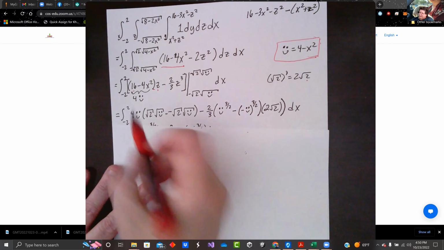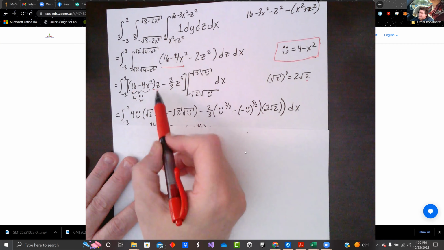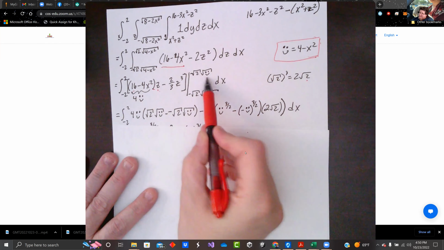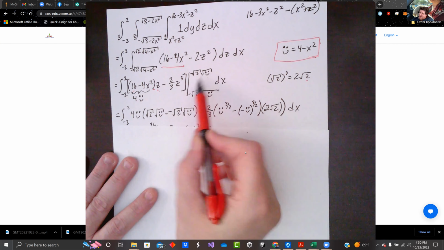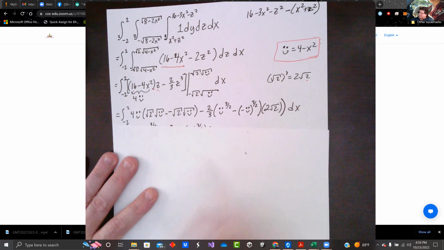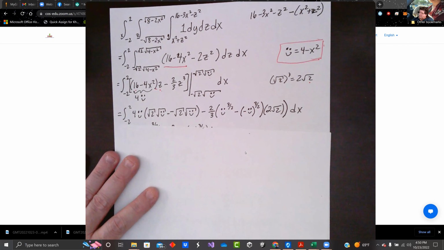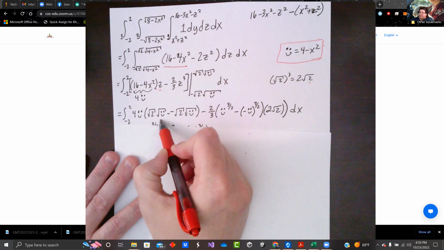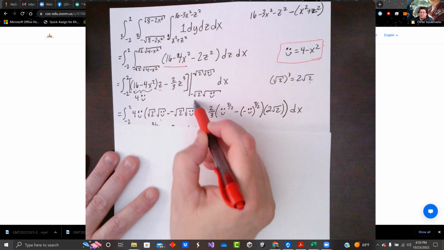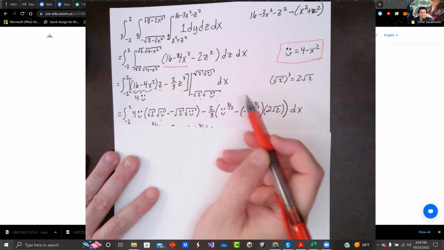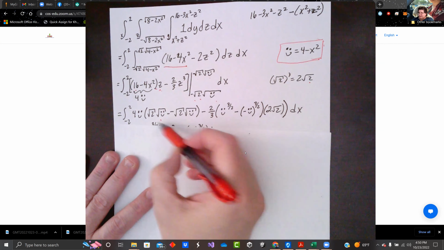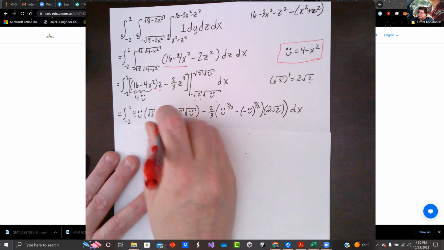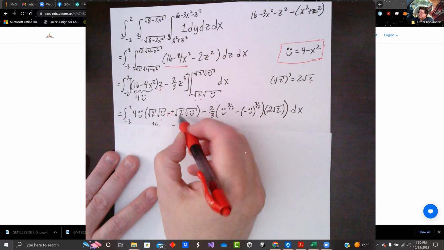So I got 4 smiley face times z. For the first one, just the square root of 2 times the square root of smiley face, minus negative square root of 2 times the square root of smiley face. We can see some stuff combines here. This will turn into a plus. We'll have 2 of these.